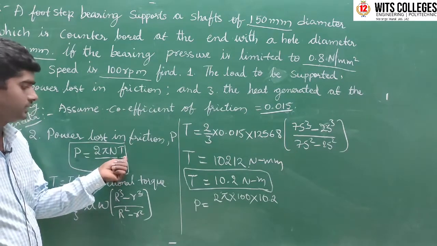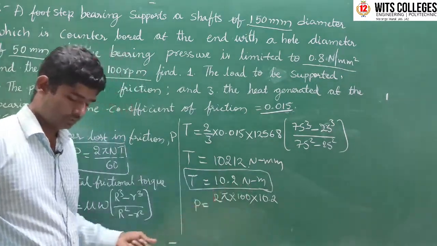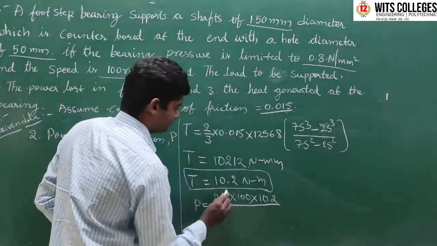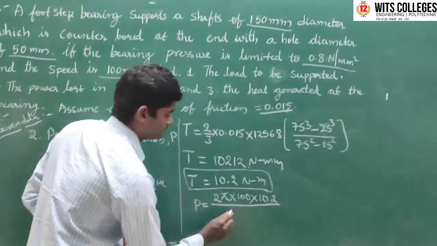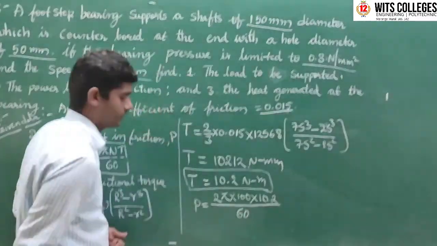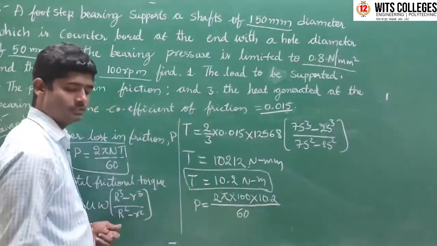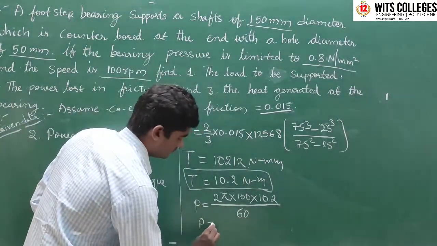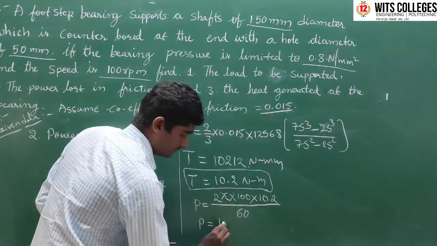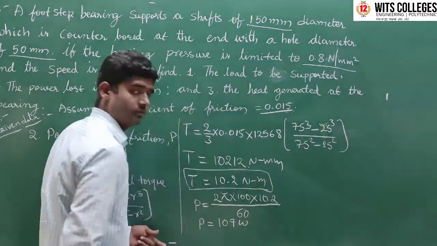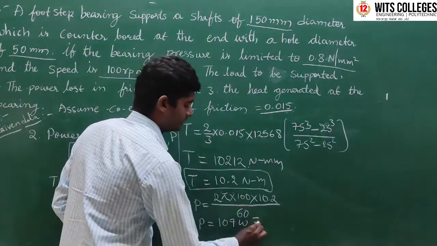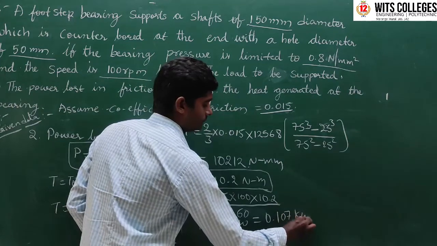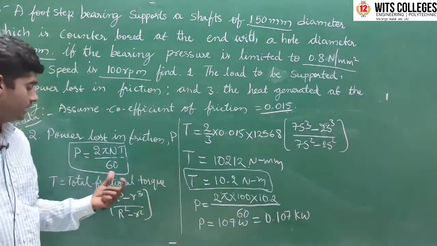We already converted T to meters, so substitute 10.2 in 2 pi N T by 60. The value is approximately P equals 107 watts, converted into kilowatts, 0.107 kilowatts. This is the power lost in friction.